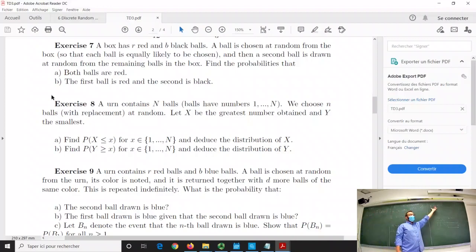So how to obtain this probability from these ones here? What is the probability that y is equal to small x if I want to express it using this kind of probabilities?